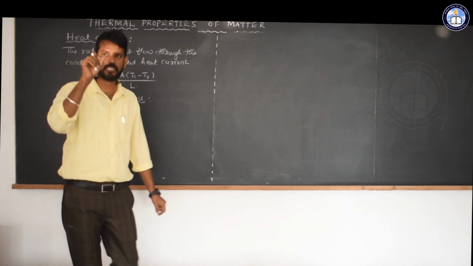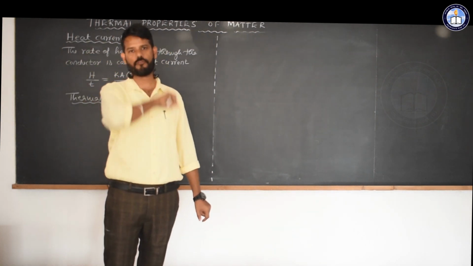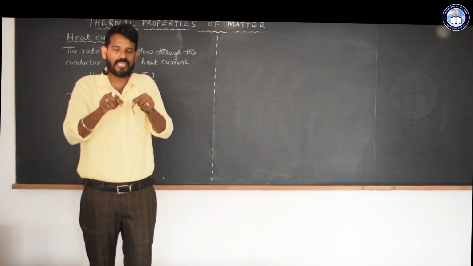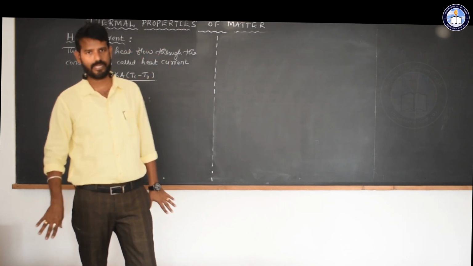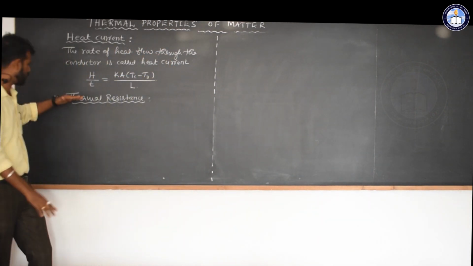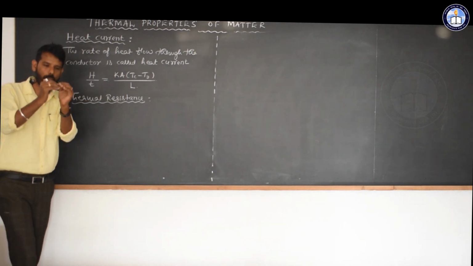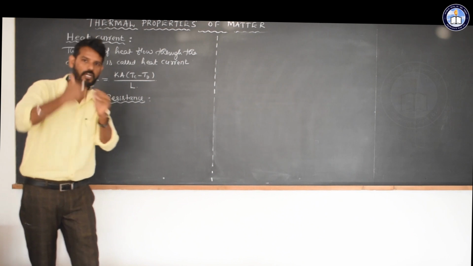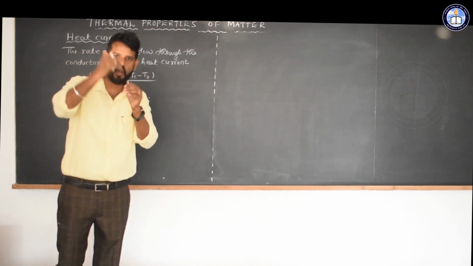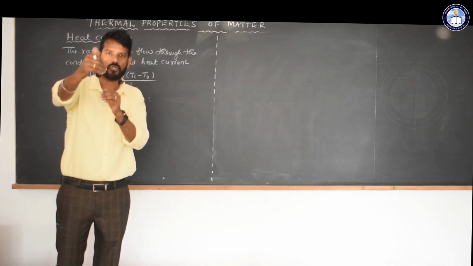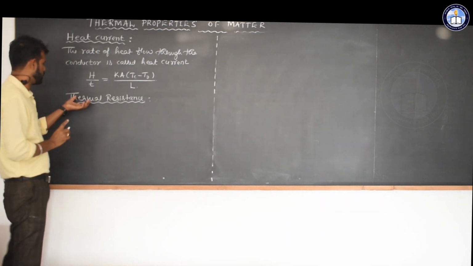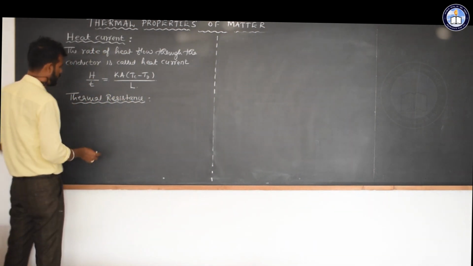If the conductor opposes the flow of heat, then we can say that there is some resistance in the conductor. So thermal resistance is a phenomenon of opposition offered by the conductor to the flow of heat energy, and it is called thermal resistance.